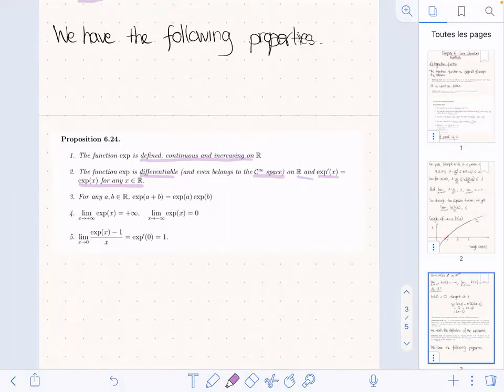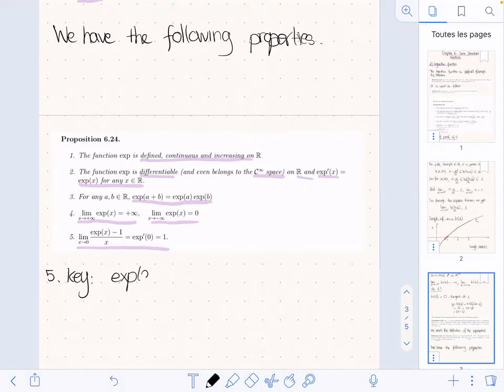You have the sort of opposite properties to the logarithm. So the exponential of the sum is the product of the exponentials. You have two limits. And then we have the following limit. So maybe I can detail point 5. The key to point 5 is this.